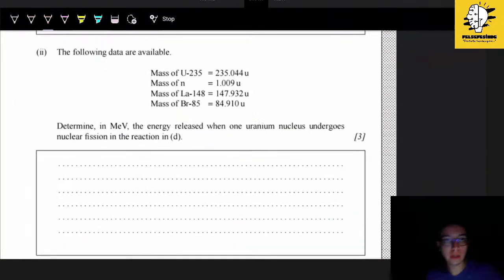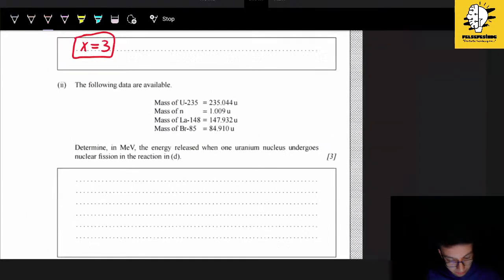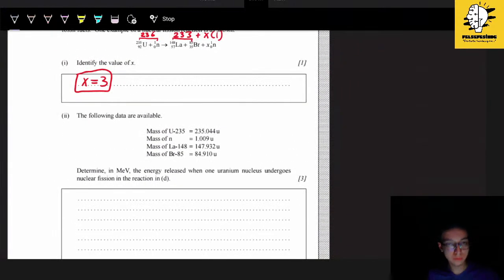Okay, the following data are available, it says. Determine in mega electron volts the energy released when 1 uranium nucleus undergoes nuclear fission in reaction D. What will we do? Products over reactants. Right? Yes, exactly.